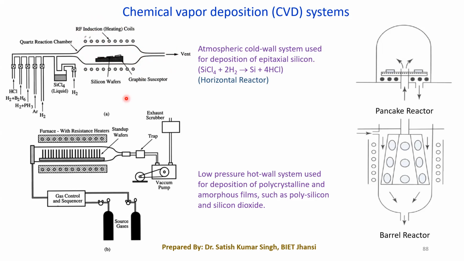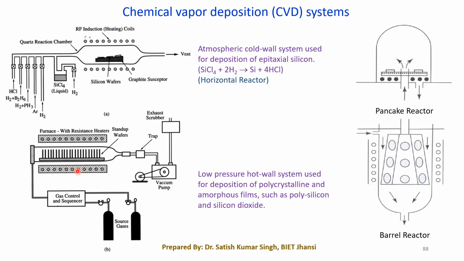In the other system, we have a low pressure hot wall system. What we mean by hot wall system is that here all the wafers are kept vertically, in particular cassettes, which are wafer holders, and within these wafer holders we have to send the gases.